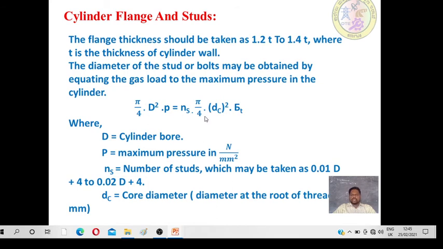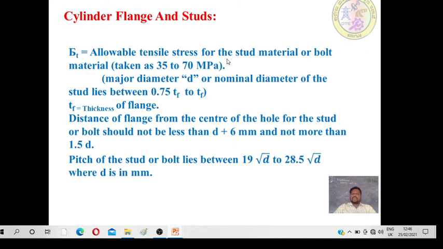If you equate these two, where D equals cylinder bore, P equals maximum pressure, and Ns equals number of studs, which may be taken as 0.01 D plus 4 to 0.02 D plus 4, and Dc equals core diameter or root diameter of the screw thread, and sigma T equals allowable tensile stress for the stud or bolt material, which is taken as 35 to 70 MPa, and the major diameter d or nominal diameter of the stud lies between 0.75 TF to TF, where TF equals thickness of the flange.